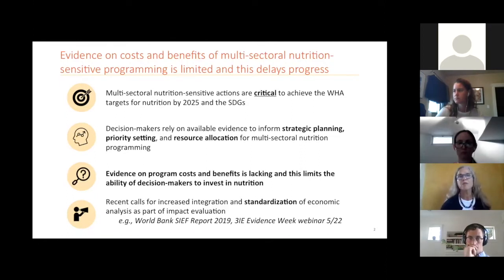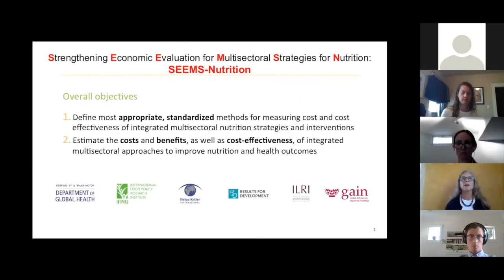There has been a recent interest in integrating and standardizing economic analysis as part of impact evaluation. And several weeks ago, World Bank and 3IE had a great session on this topic. So what is the SEAMS Nutrition Project? SEAMS Nutrition stands for Strengthening Economic Evaluation for Multisectoral Strategies of Nutrition.